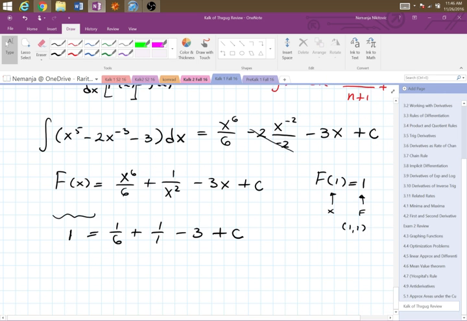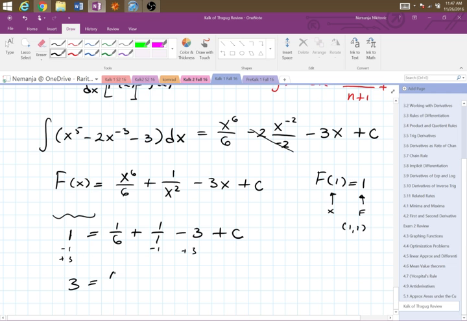So now, 2 and 5/6, right? 17/6. You subtract 1 on both sides, right? Then you add 3 to both sides.